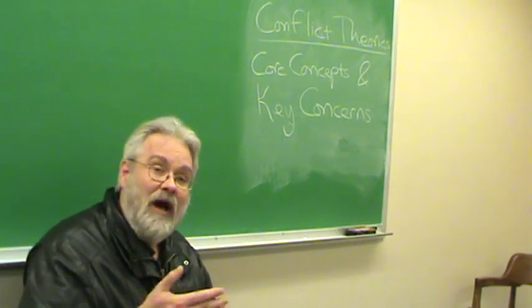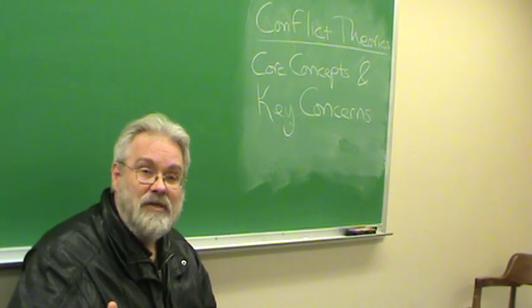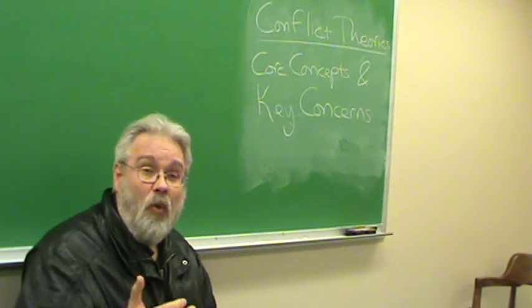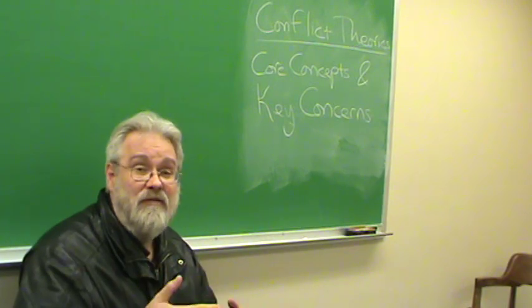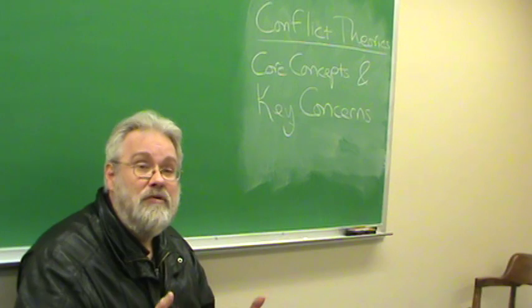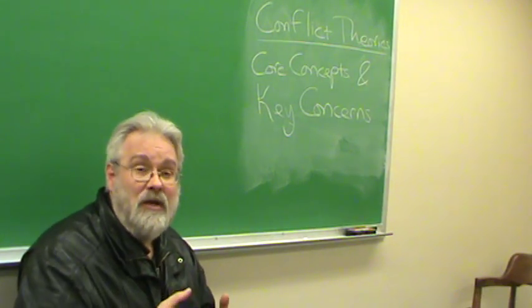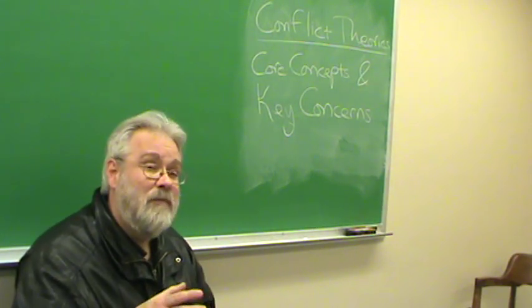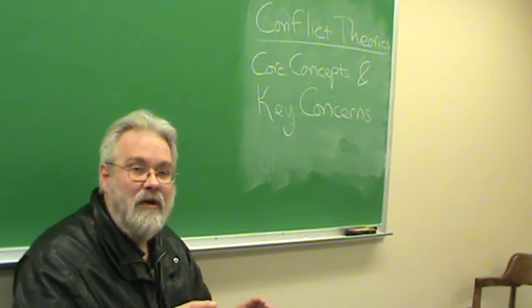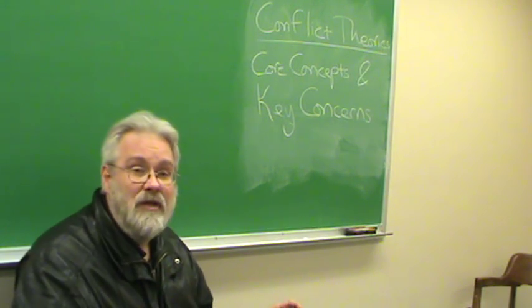At the same time, conflict produces social change. Social change, in turn, can produce conflict, or it can produce changing patterns of inequality. It can produce changing distributions of power, changing who winds up winners and who winds up losers. All of these basic things are connected to each other. You change one, you change others.